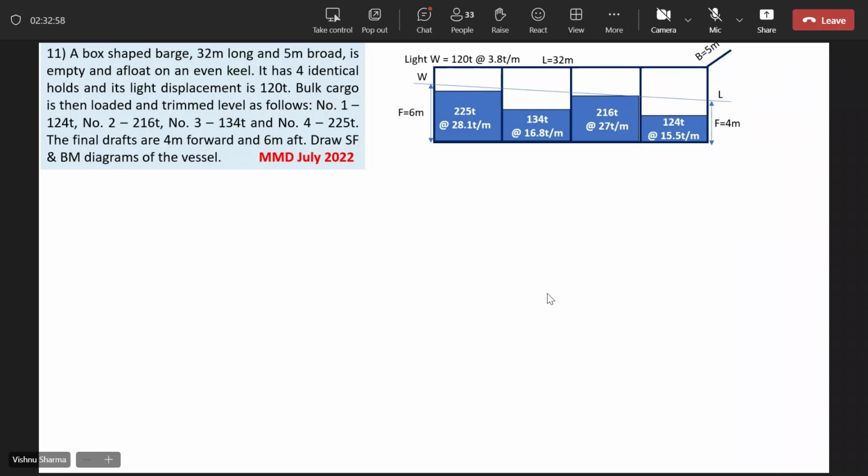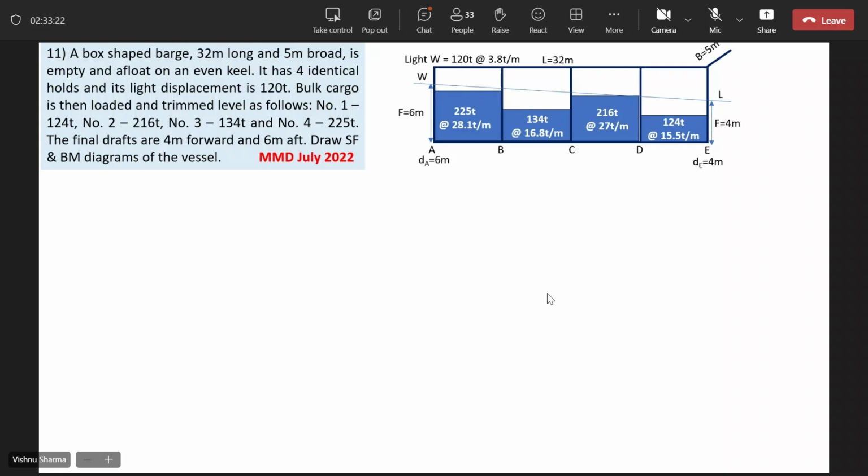Guys, if I have to draw the SFBM diagram, how many points do I need to take? Look at the diagram and tell me the number of points. Count the number of points. 5. So this point is not an issue. So I take these 5 points. Guys, what is the draft at E? 4 meters. What is the draft at A? 6 meters.